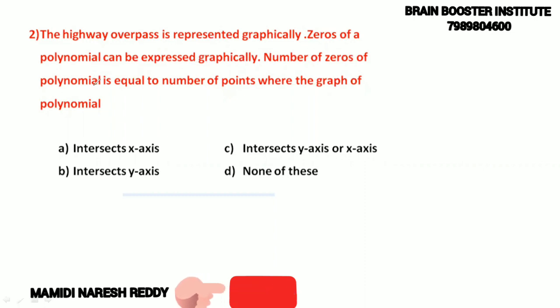So the number of zeros of a polynomial is equal to the number of points where the graph of the polynomial intersects the x-axis, or the y-axis. We need to choose any one option here.